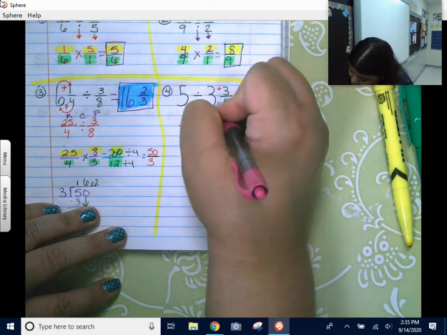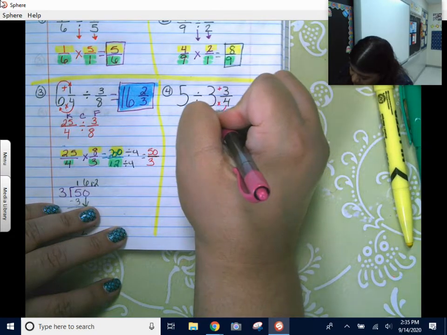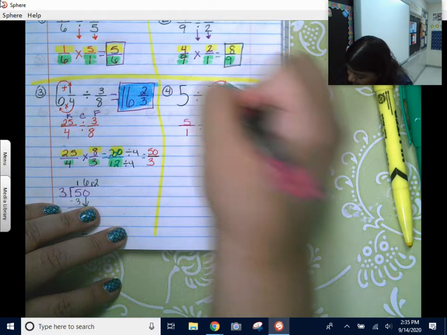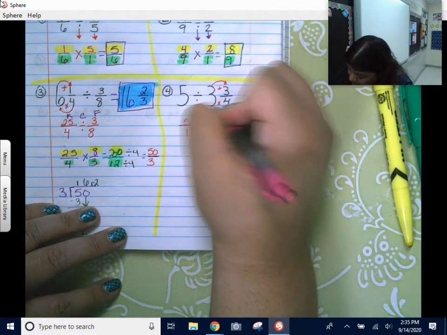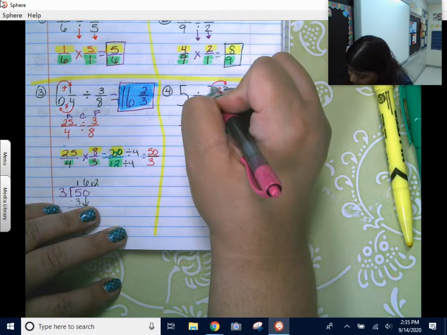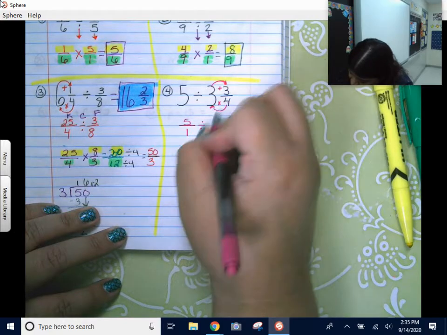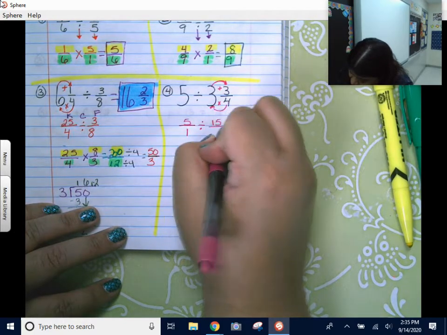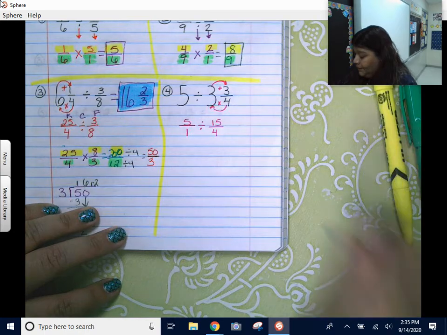Mixed number, let's do the Texas wheel, coming along. And 3 times 4, 4 times 3 is 12. 12 plus 3, 15. And denominator comes down.